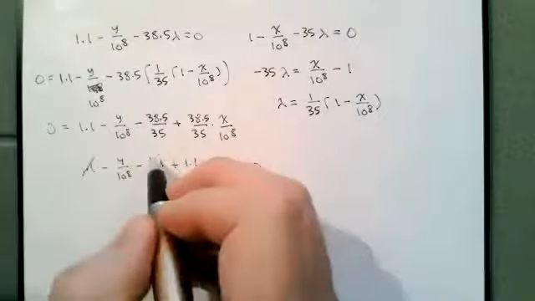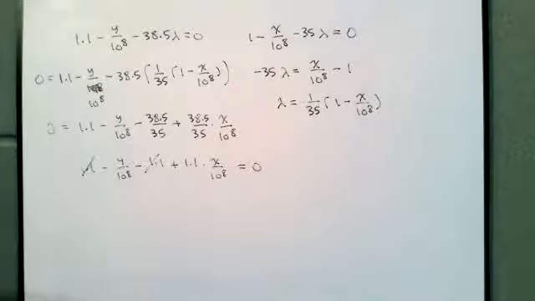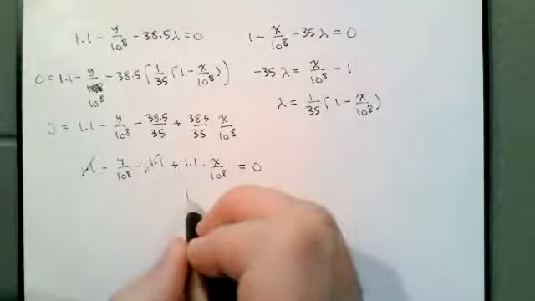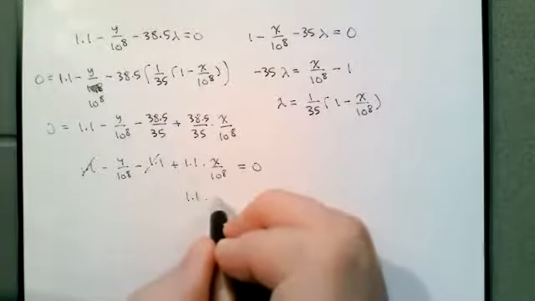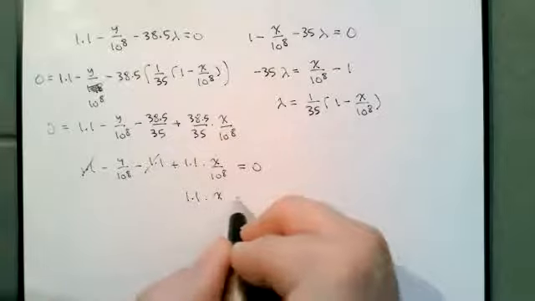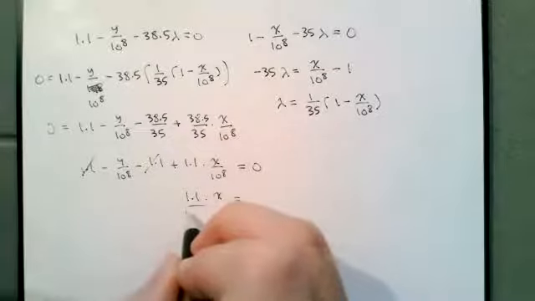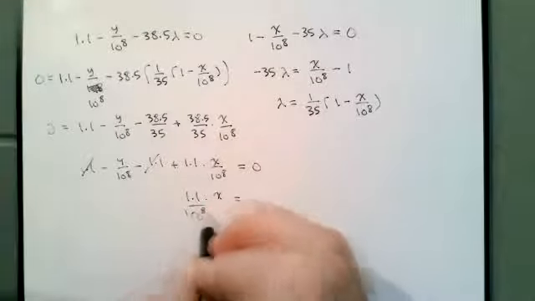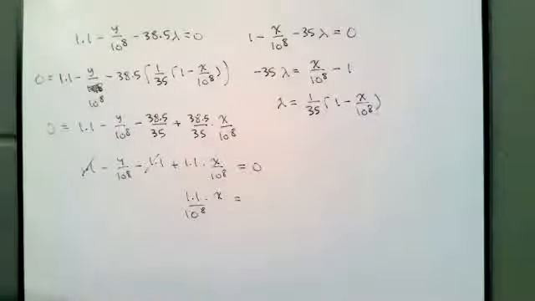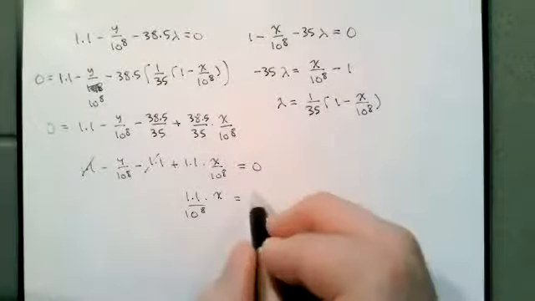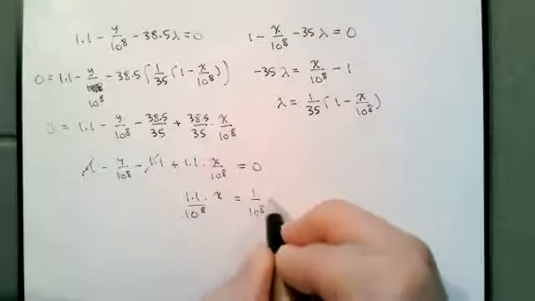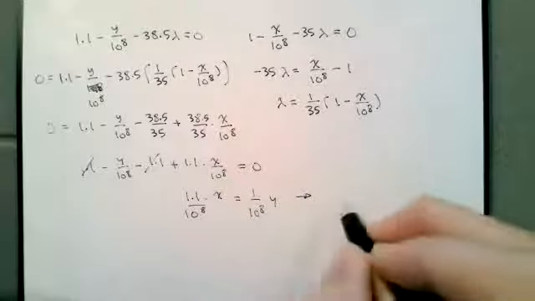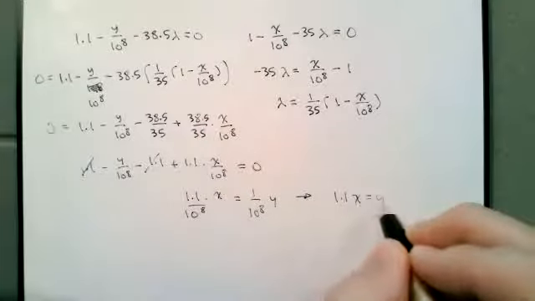So the 1.1s drop out, and I'll have 1.1 over 10 to the 8th times x is equal to 1 over 10 to the 8th times y. And so finally we arrive at 1.1x is equal to y.